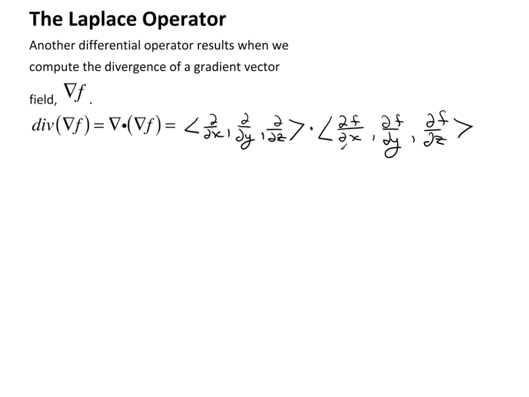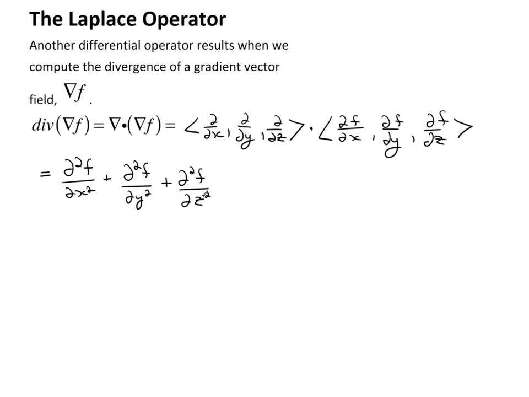So if I take the dot product of this, what I get is the second partial of f with respect to x plus the second partial of f with respect to y plus the second partial of f with respect to z.